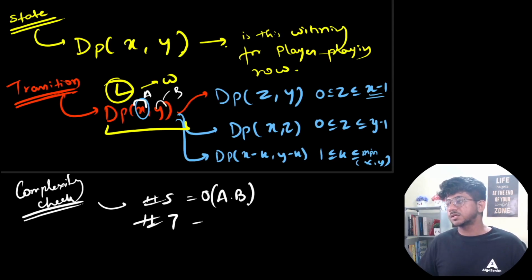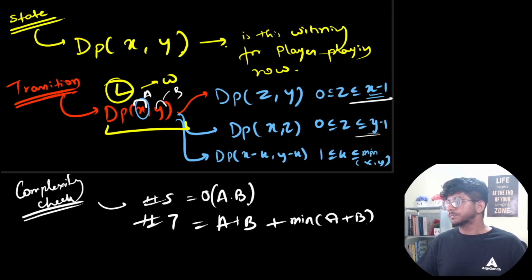Number of transitions: over here there are x transitions, which can be at max a, plus y transitions, which can be up to b, plus min of a, b transitions.